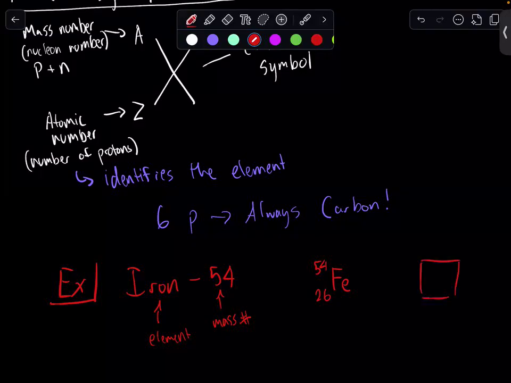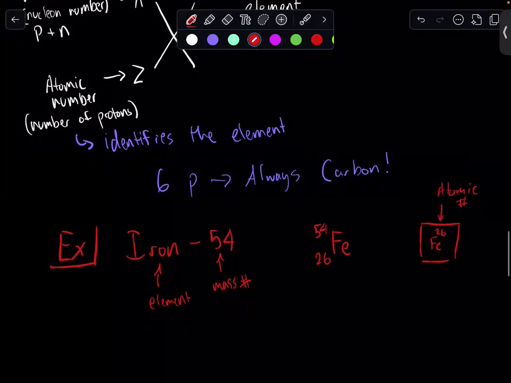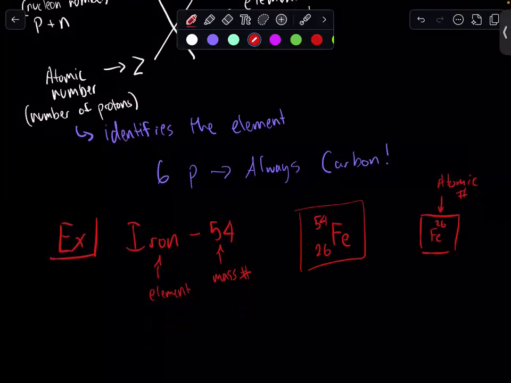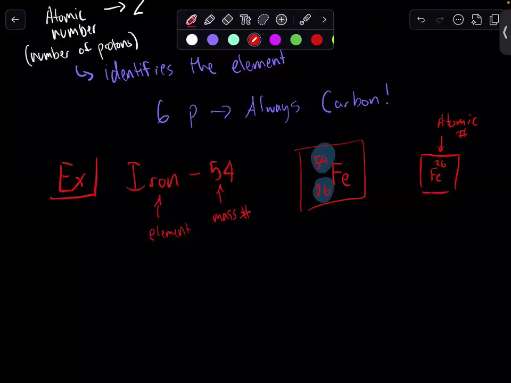If you look at iron's spot on the periodic table, you'll see Fe with a 26 above it. That's our atomic number. So this is how we would write iron 54 in nuclear symbol notation. It tells us exactly what we need to know about our nucleus, the number of protons, the number of nucleons in total.